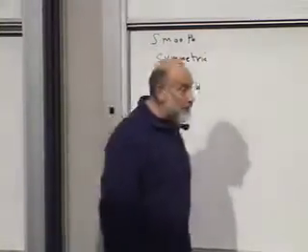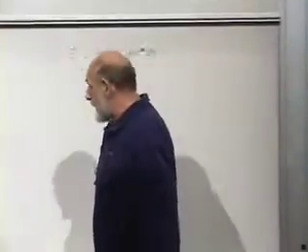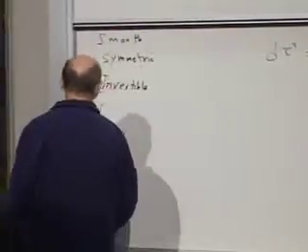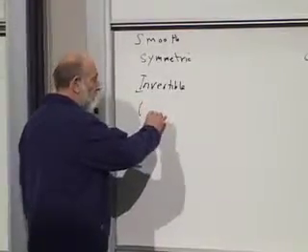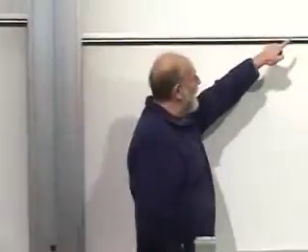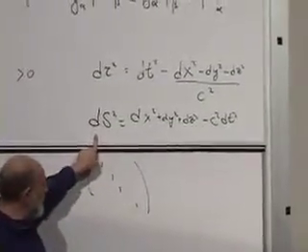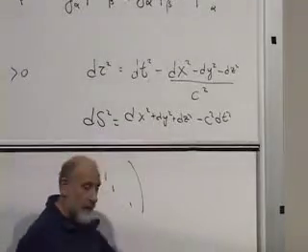Depending on the application, if we're talking about ordinary space versus space-time, in ordinary space it should have all positive eigenvalues. And of course, we would be talking about ds squared then, not d tau squared, in ordinary space. All positive eigenvalues.